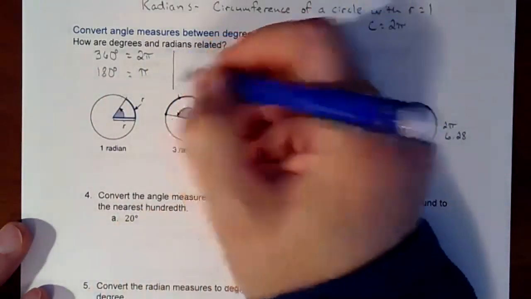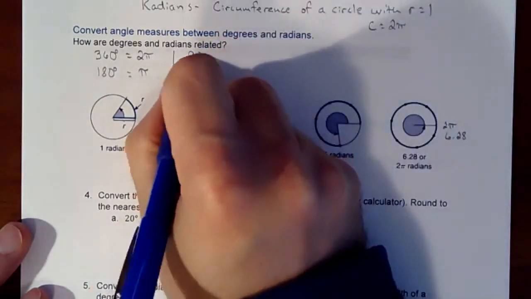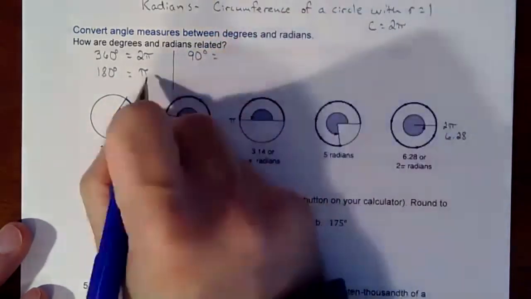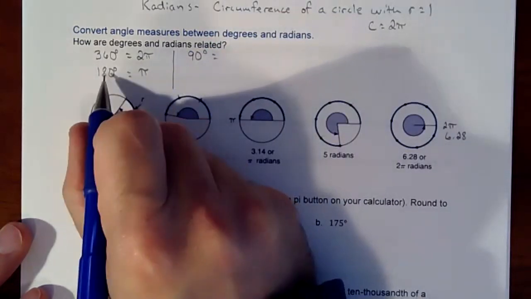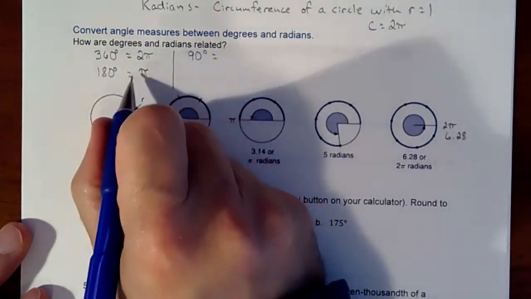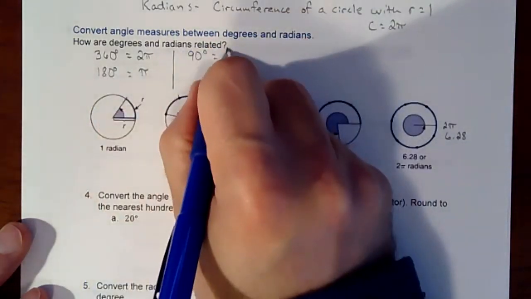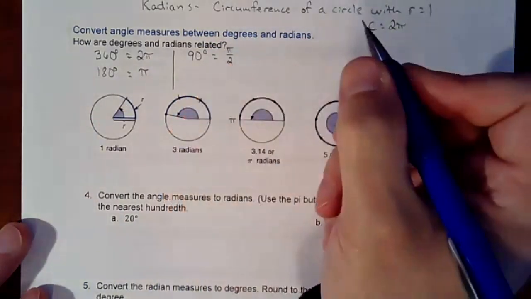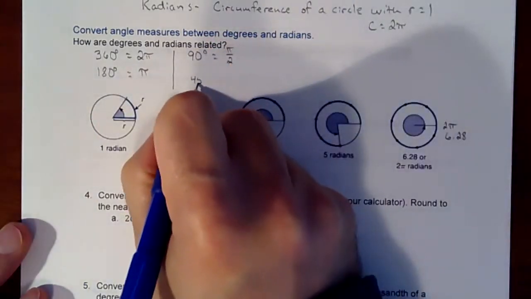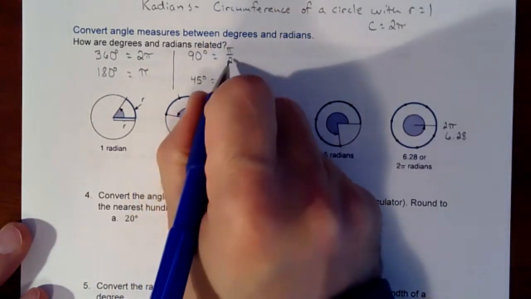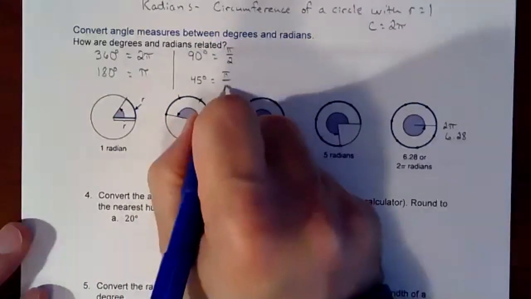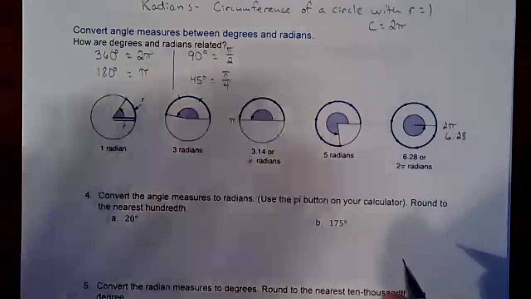Right? And then you can continue this. 90 degrees would be half of 180, so half of pi is pi over 2. And then 45 degrees would be equivalent to half of this, pi over 4. And this thing could go on and on and on.